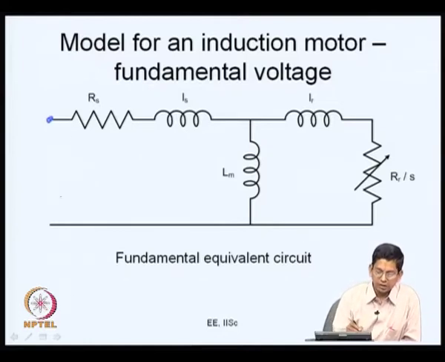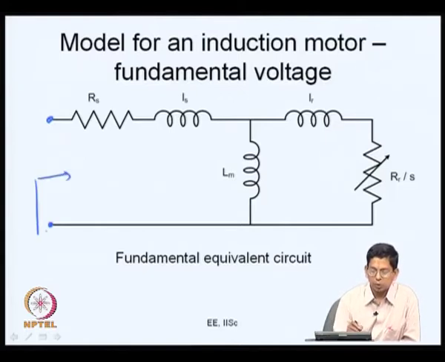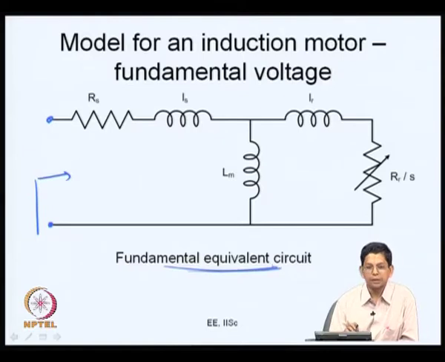Let us consider only the fundamental component. It is a sinusoidal quantity. So the fundamental component sees the induction motor as its fundamental equivalent circuit, which has the standard elements. This is the stator winding resistance, this is the stator leakage inductance, this is the magnetizing inductance, and you have a rotor leakage, and then RR is once again the rotor resistance, and S is the slip.